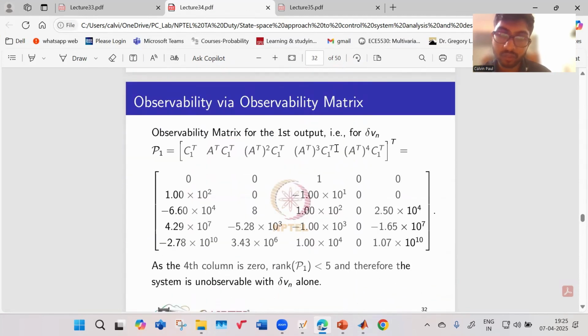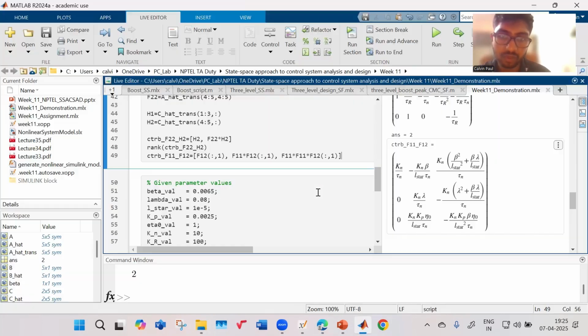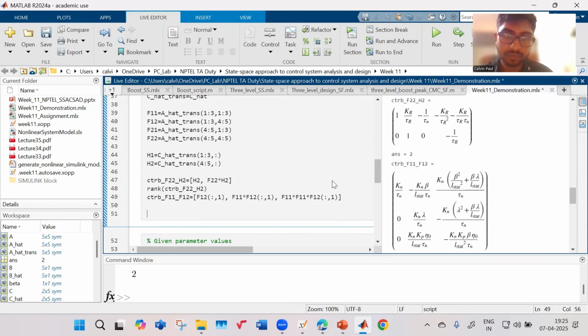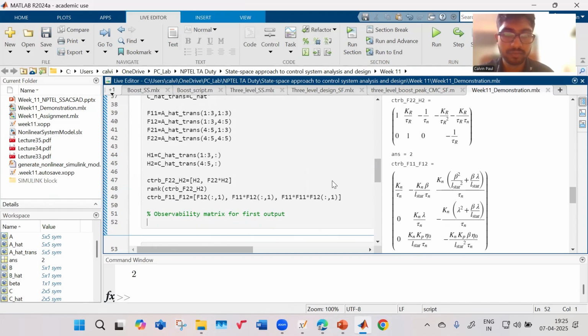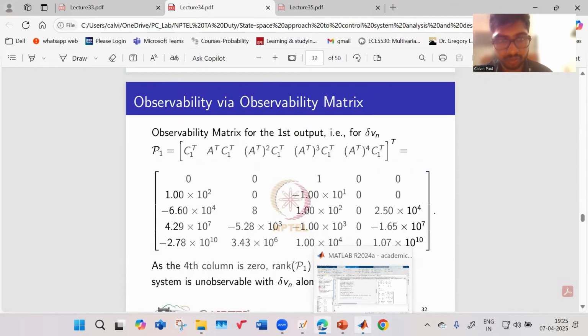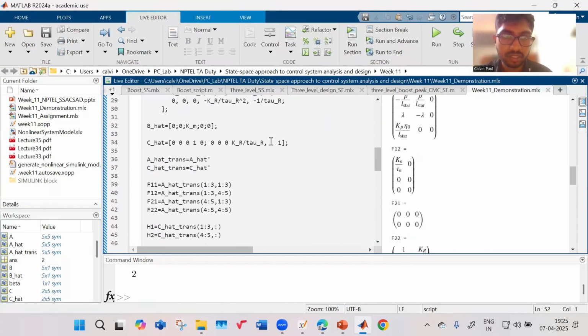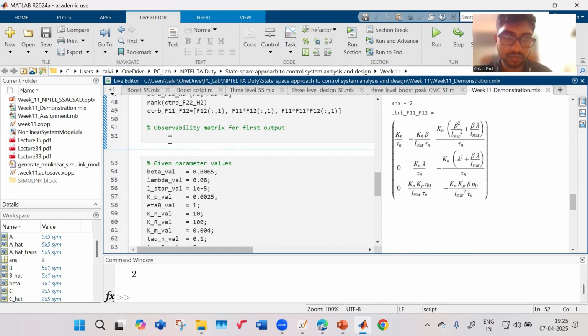So the observability matrix for the first output. When we only consider delta, what do we get? Observability matrix for the first output. In that case, we have C1 transpose. C hat first one.